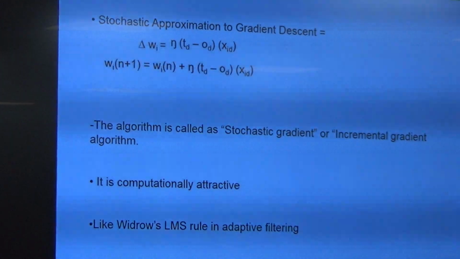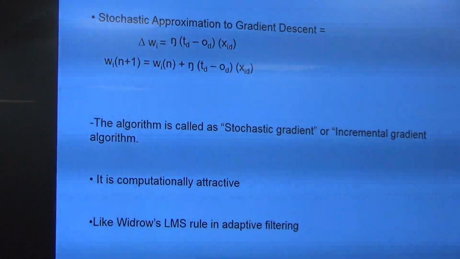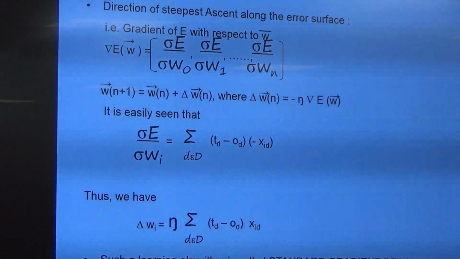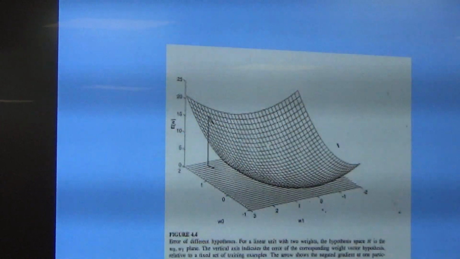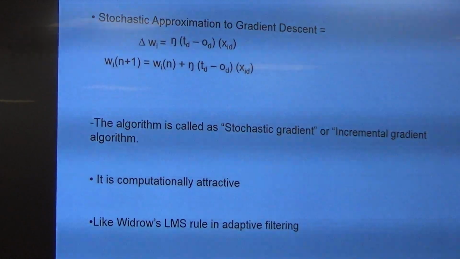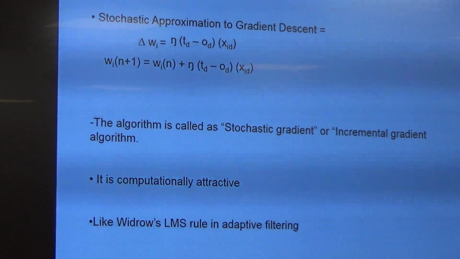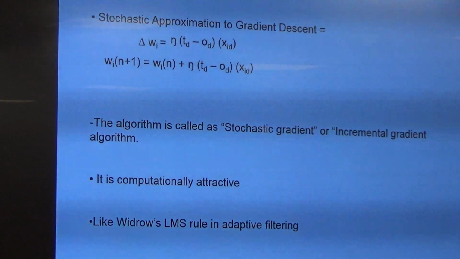The only difference, if you look at the equation, is that this quantity, the summation over d, is taken out. So W sub I of n plus 1 is W sub I of n plus eta (Td minus OD) times x sub I. It is computationally very attractive.